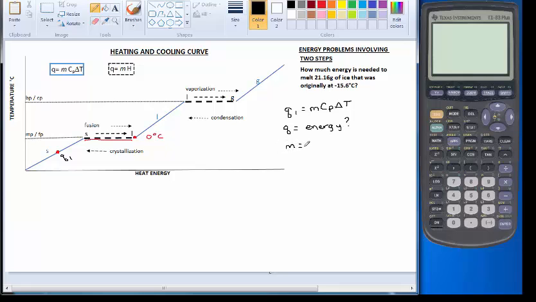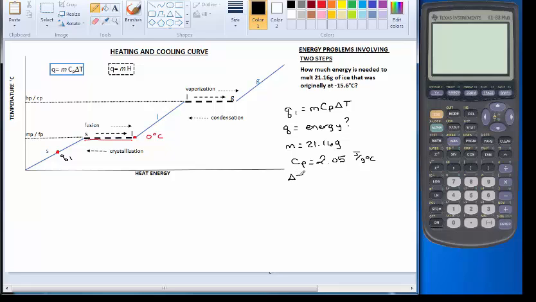M stands for mass, and our mass in this problem is 21.16 grams. Cp stands for specific heat capacity, and since we are on this part of our graph, we are looking at the specific heat capacity of solid water, or ice, and according to our reference table, the specific heat capacity for ice is 2.05 joules per gram degree Celsius.